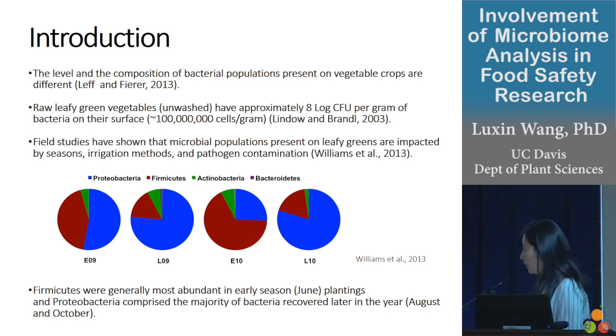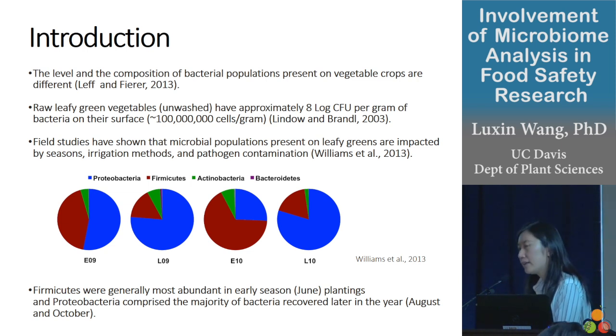Here's their result. E09, the pie chart on the very left side, means early season 2009. L09 is late season 2009. E10 is early season 2010, and the very last one is late season 2010.